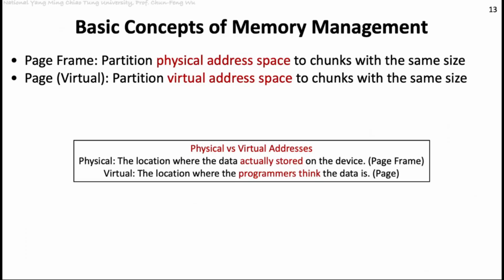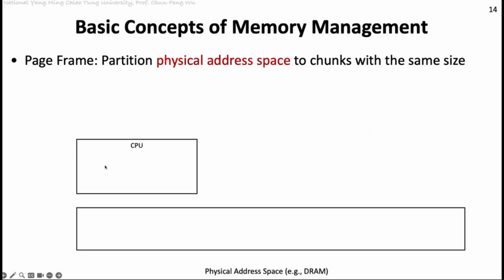It is possible the data is now on DRAM and later on the swap device, but the programmer doesn't know. So for virtual, it's just about what the programmer thinks. We will have more details about virtual probably next week, and this week we'll first talk about the physical things.